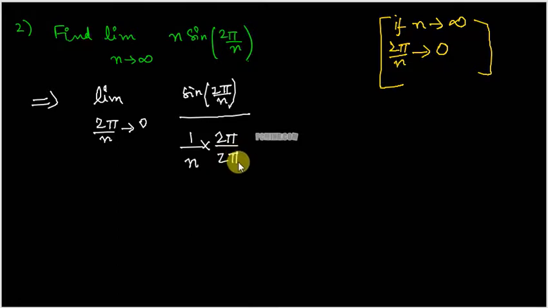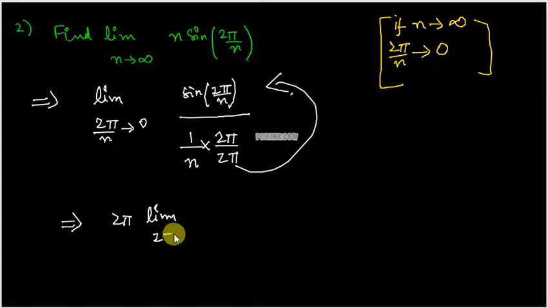So this 2 pi at the bottom is actually going to go up on the top. I'll take it outside the limit. So I'll write it as 2 pi limit 2 pi by n tends to 0 times sine 2 pi by n upon, we have successfully created this 2 pi by n in the denominator.